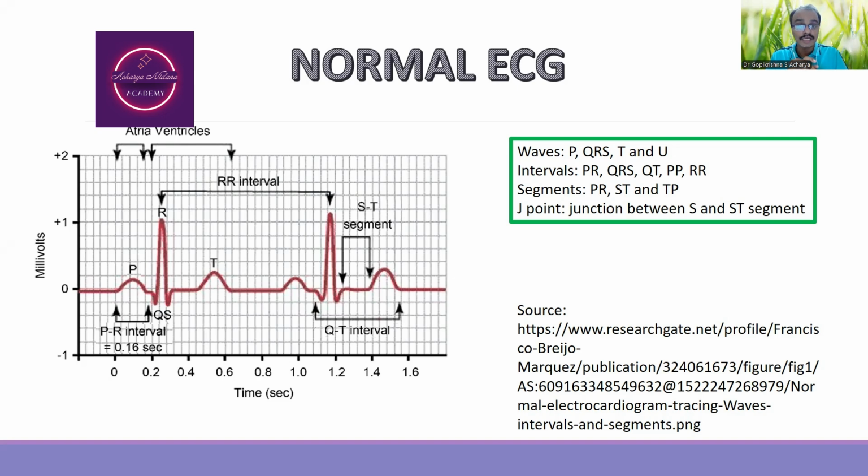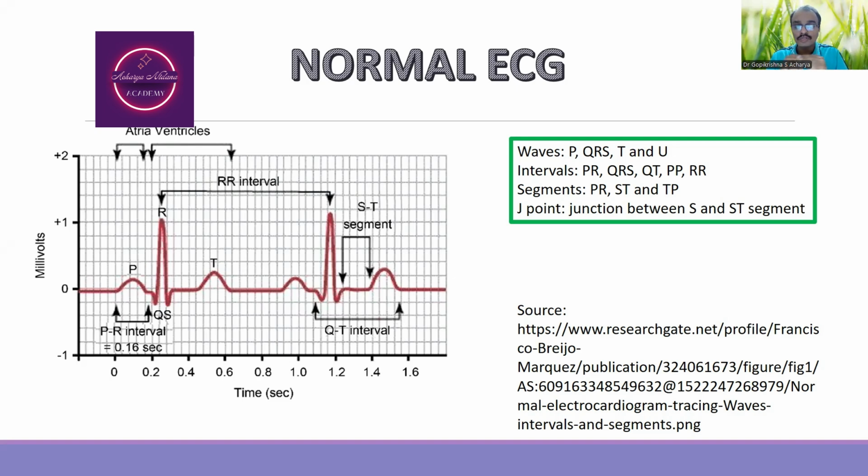The segments are PR segment, ST segment, TP segment or TP line, and the J point is nothing but the junction between the S wave and the ST segment. So these are the normal components of the electrocardiogram.